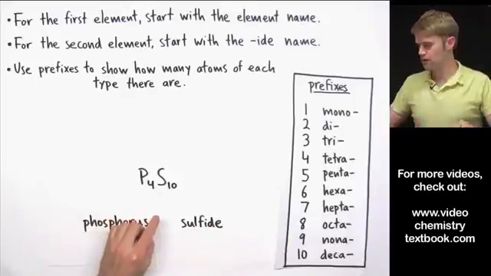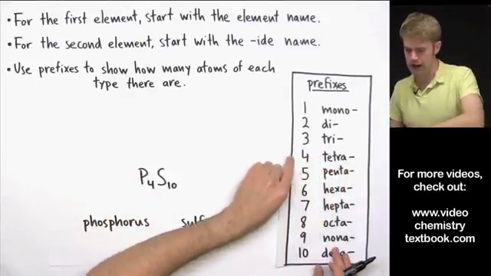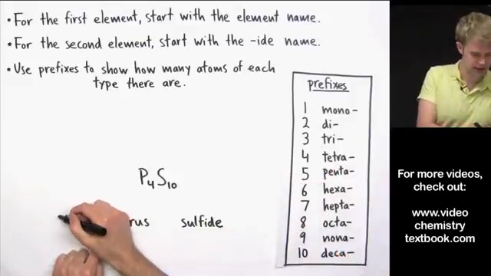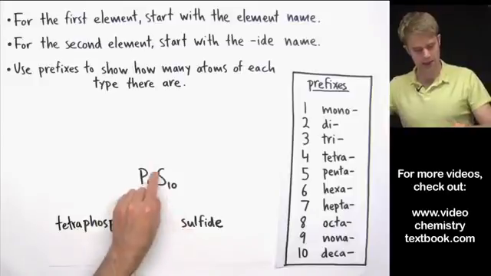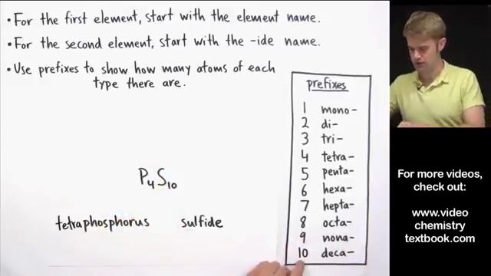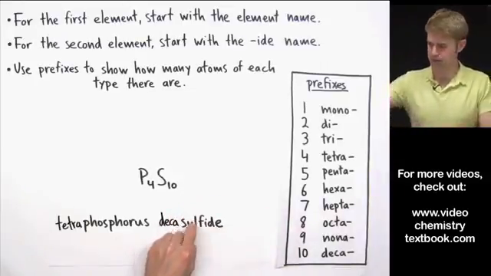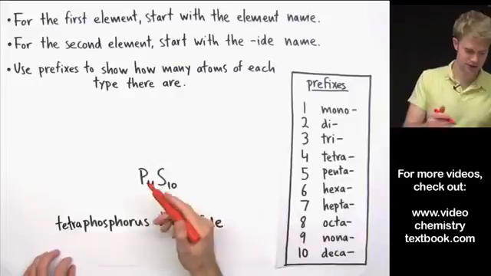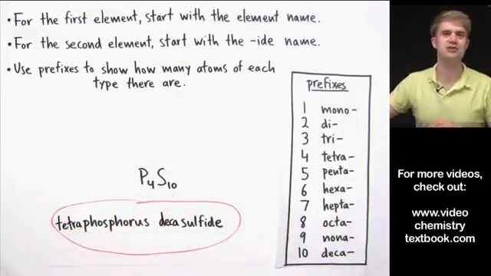P4 means we have 4 phosphorus atoms, so 4 is tetra. And for sulfide, we have 10, so we'll use the prefix deca. So the name of this compound is tetraphosphorus decasulfide.